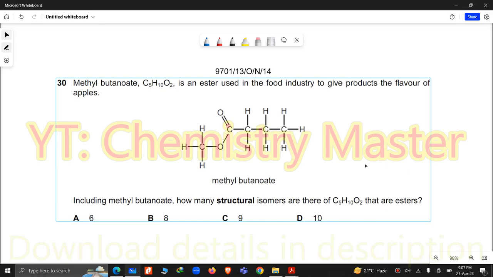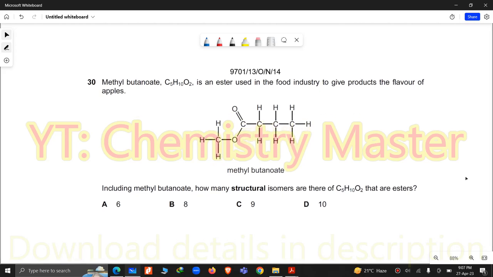So basically in this question we have to draw the structures of the isomers, and the condition applied here is that the structure must have an ester in it, and we already know the molecular formula.